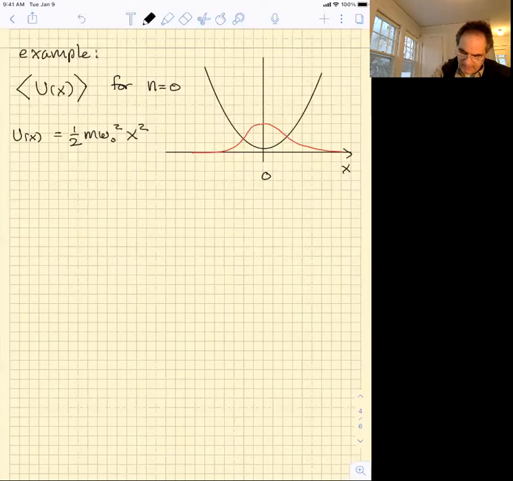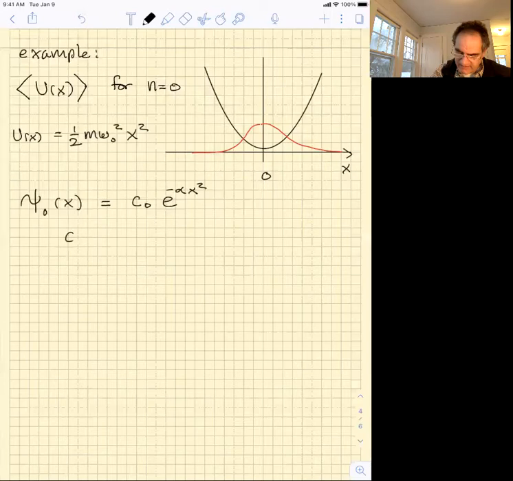So, very good. Now, to solve this problem, we need to know the wave function in the lowest state. And we've written this down. Psi 0 is equal to a constant, C0, times e to the minus alpha x squared. So far, we haven't needed this, but now we will.